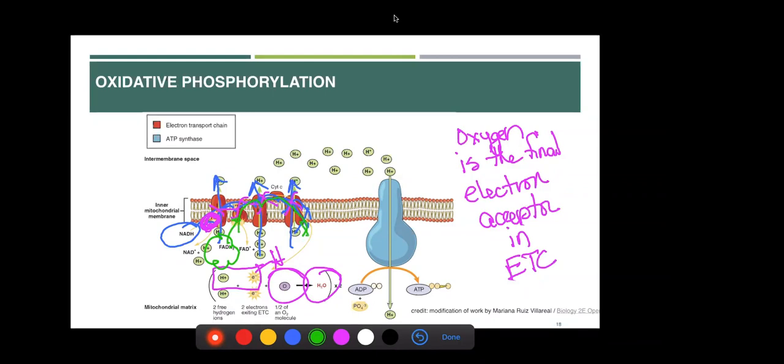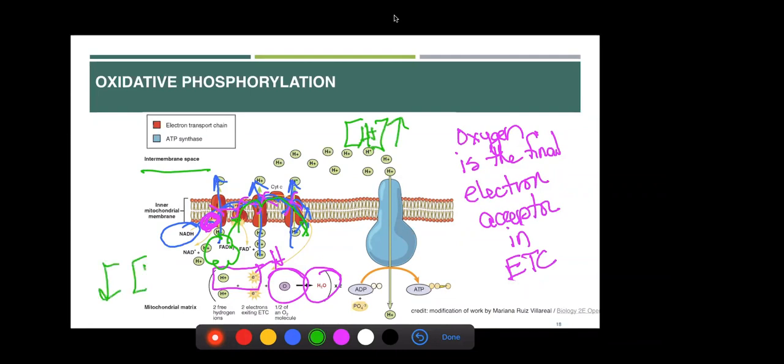So we have two different flavors. Actually, NAD is based off of niacin, which is a vitamin, and FAD is based off of the flavonoids. They're all B vitamins. Now, as we are pumping those protons into that intermembrane space, our proton concentration is getting high. It's high on this side of the membrane.